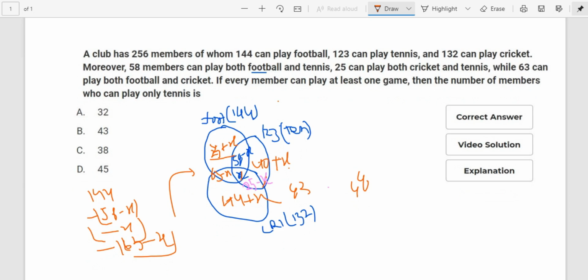Now I have to find the value of this X, isn't it? So how do I calculate?